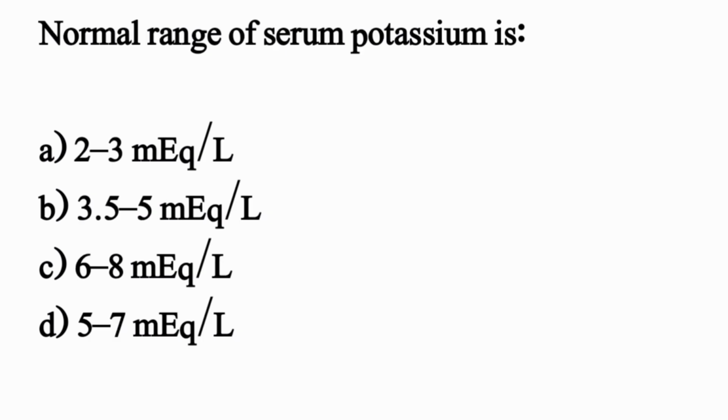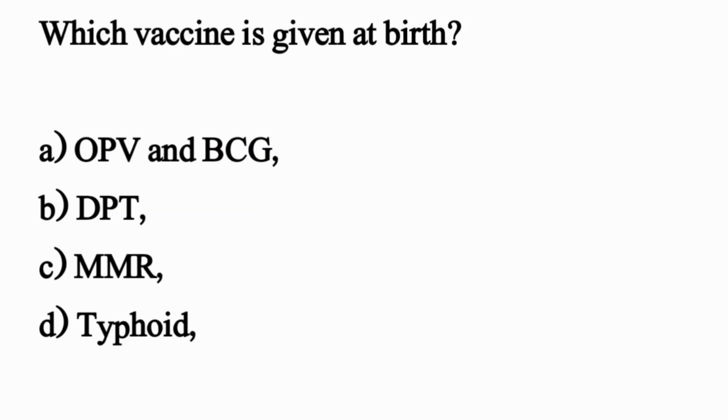Normal range of serum potassium is. The right option is option B, 3.5 to 5 mEq per L. Which vaccine is given at birth? The right option is option A, OPV and BCG.